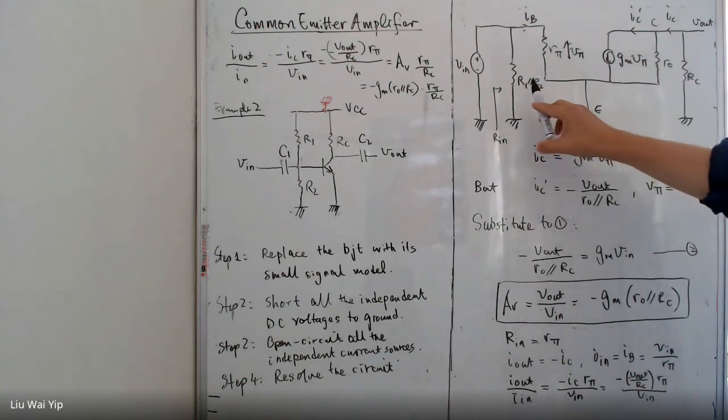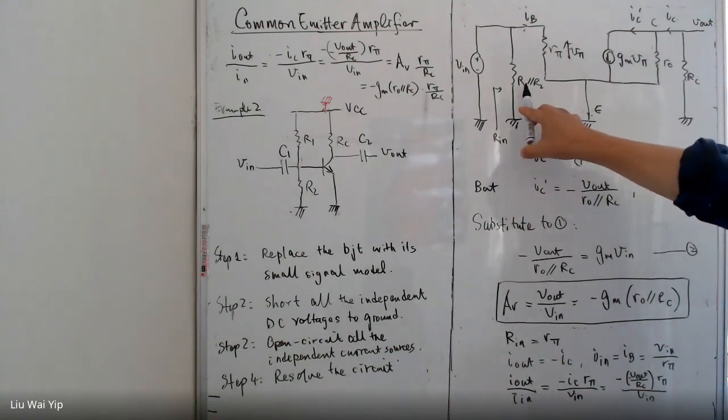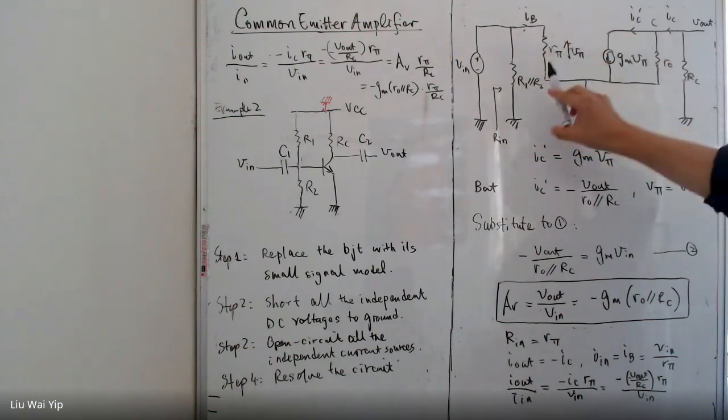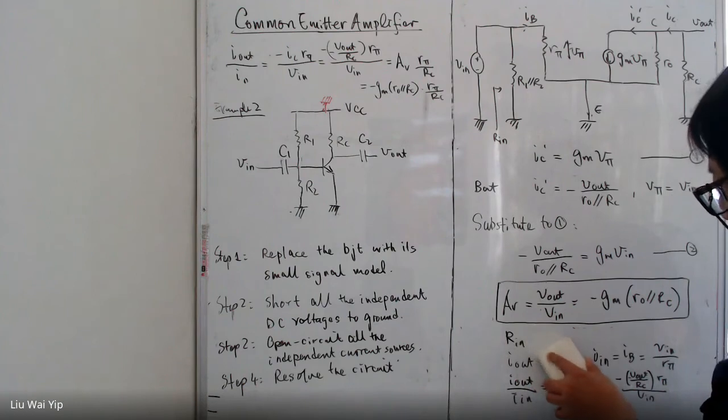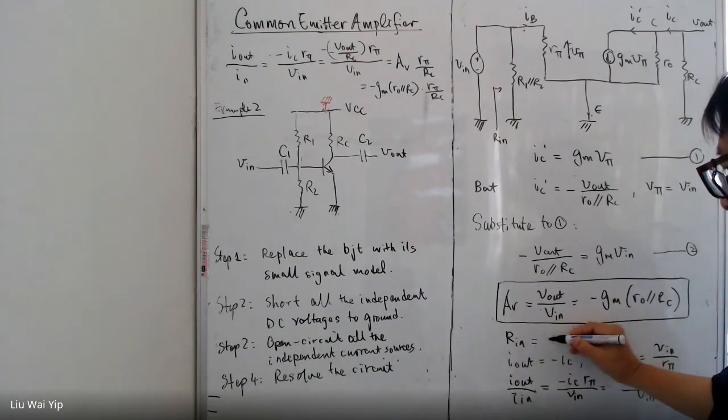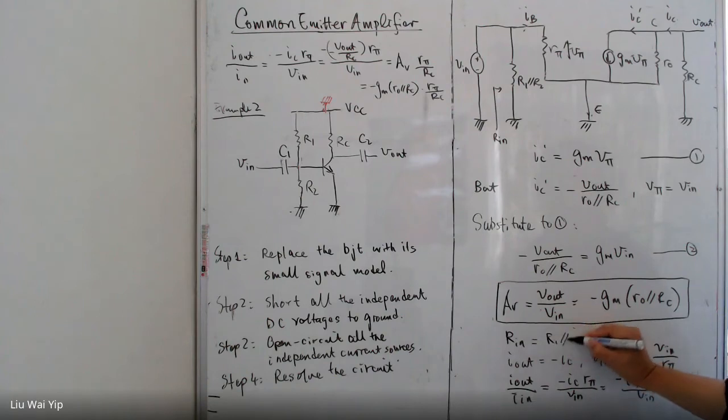It is the parallel combination of R1 in parallel with R2 and in parallel with R pi. So Rin is equal to R1, R2, R pi. So this is tricky.